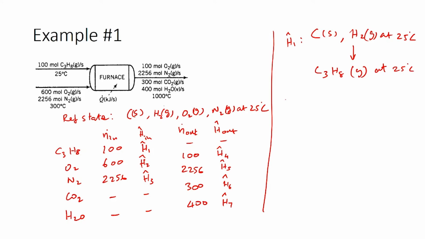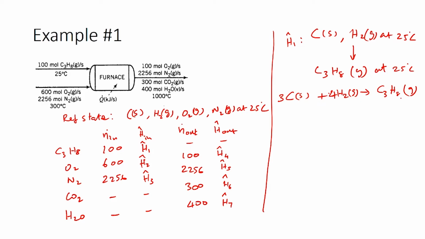This is nothing but the formation reaction, where carbon solid plus hydrogen gas forms C3H8 gas. If you were to balance the equation, 3 moles of carbon reacts with 4 moles of hydrogen to form 1 mole of propane.